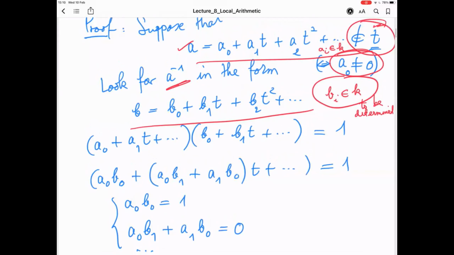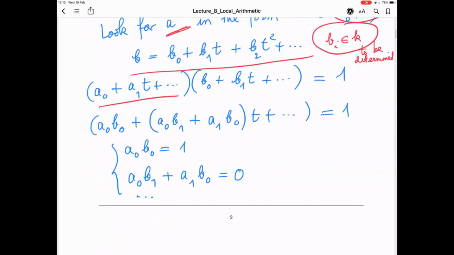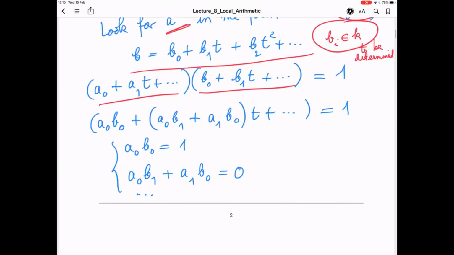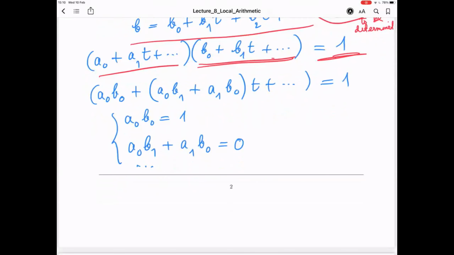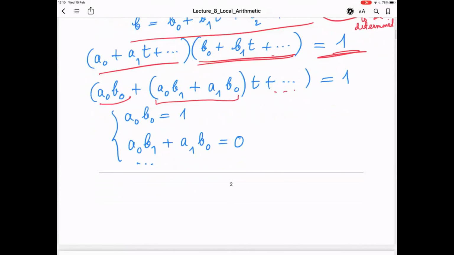Okay, so these A's are given to me and these B's are the ones which I have to find out. And I'm looking for these B's so that the product is equal to 1. Now, if you actually compute this product and group the terms, then this is going to be the constant term, this is the coefficient of t, and then you're going to get higher order things. So now you compare the coefficients on the two sides.